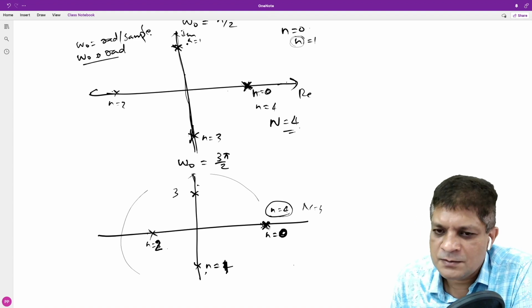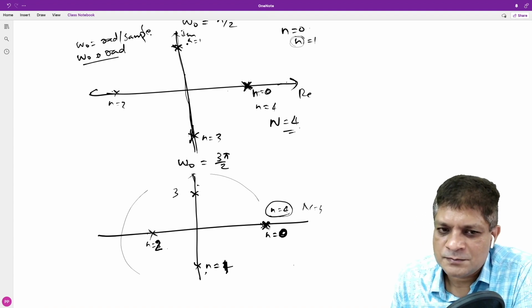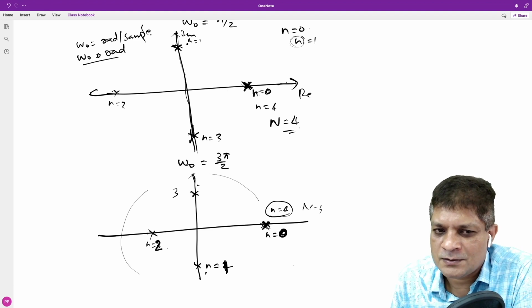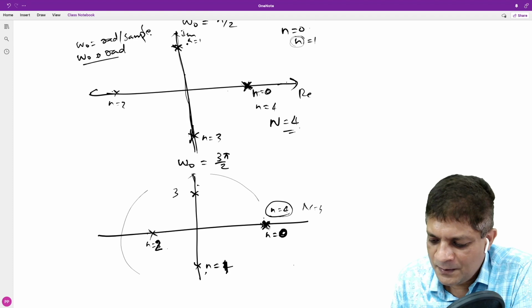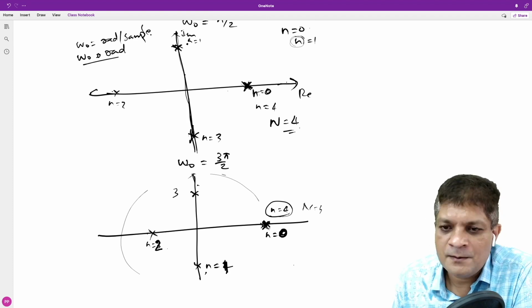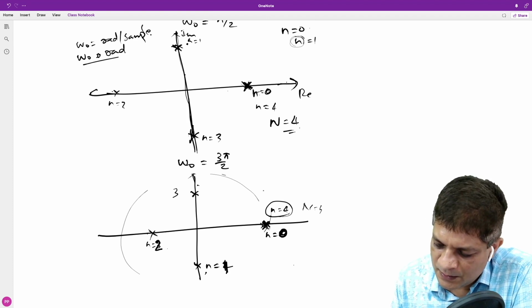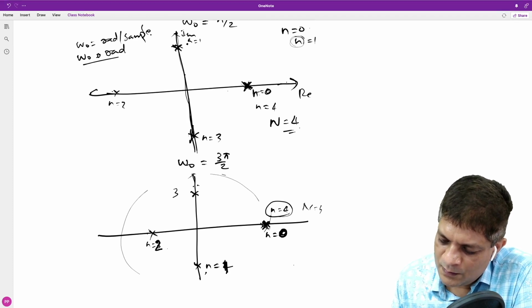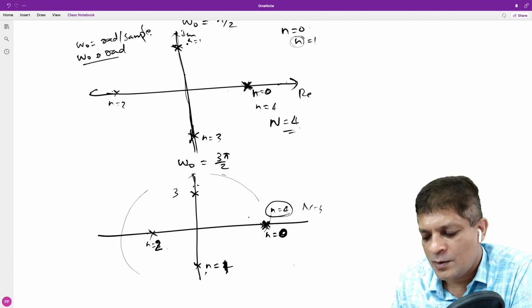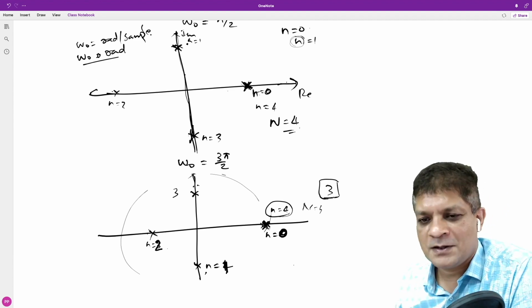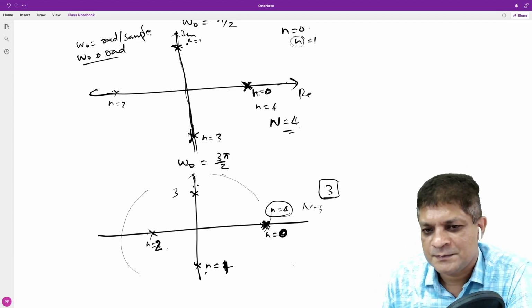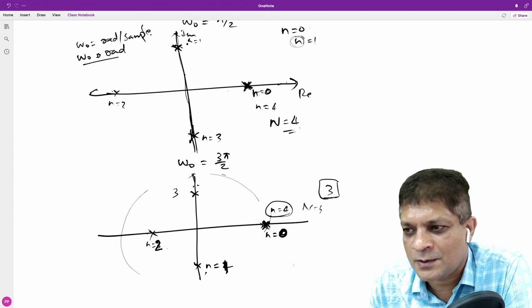Now, what about this? How many rotations? Starting from here, 1, so it is crossing once, 2, 3. Is it 4 rotations or 3 rotations? It is 3 complete rotations, isn't it? It is 3 rotations, not 4 rotations.